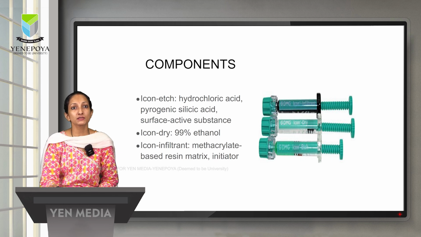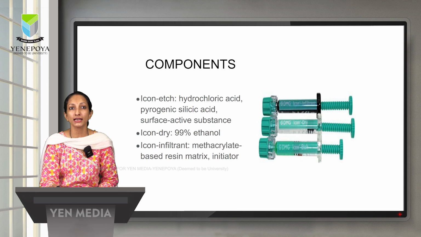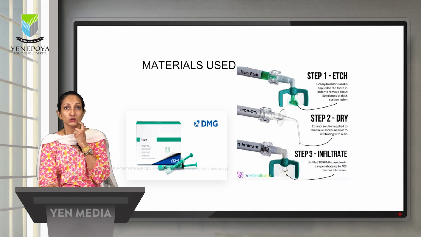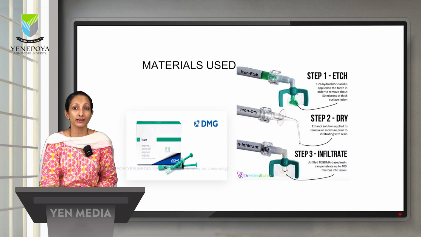The components of the system are, it has got three components: Icon-Etch, Icon-Dry and Icon-Infiltrant. The Icon-Etch is basically hydrochloric acid, whereas Icon-Dry is 99% ethanol and Icon-Infiltrant is a methacrylate based resin matrix. So, the materials are used in three steps. Step 1 is etch, step 2 is dry and step 3 is infiltrate.